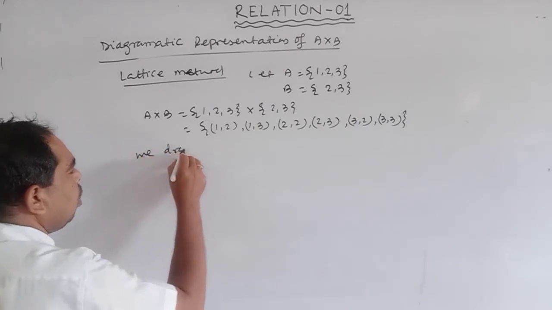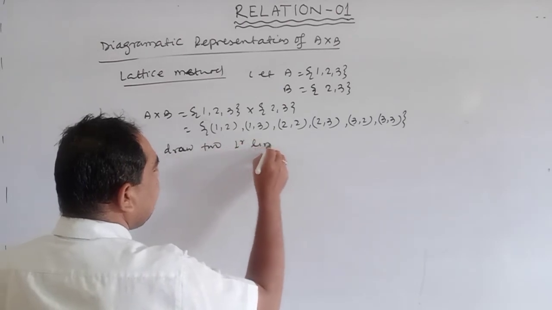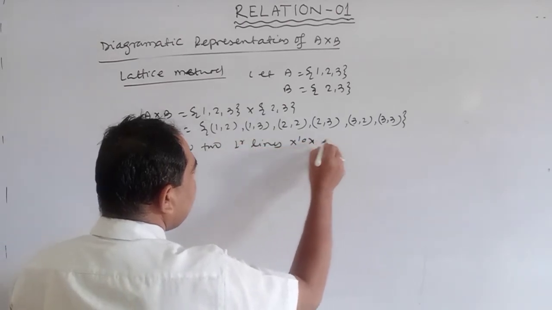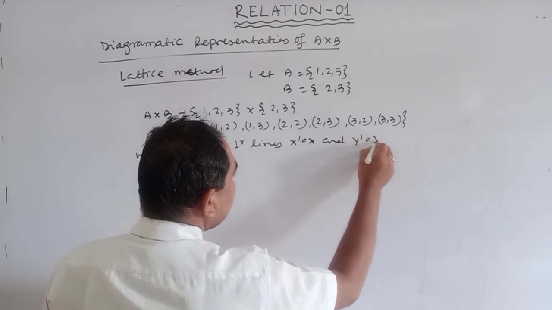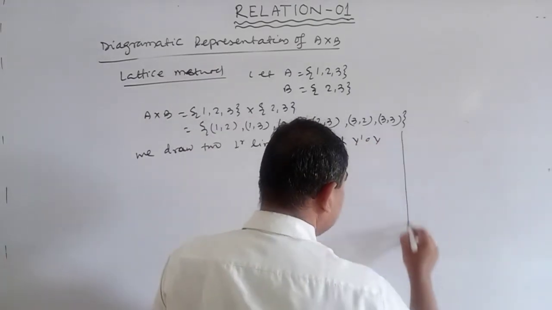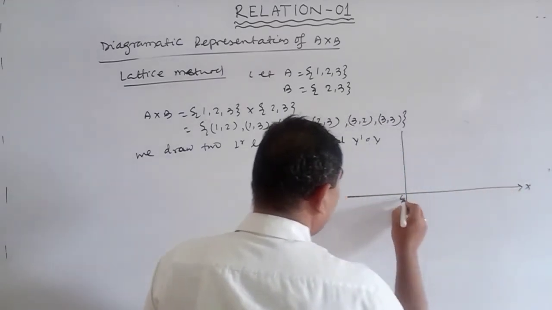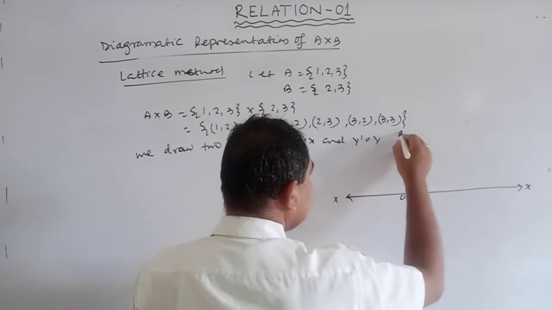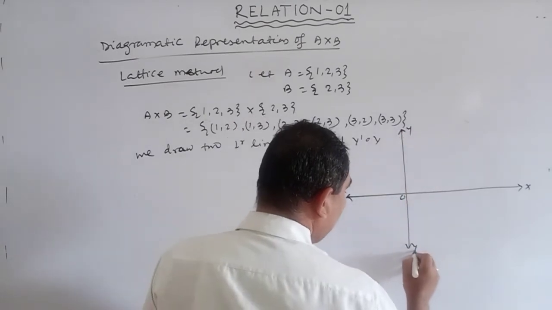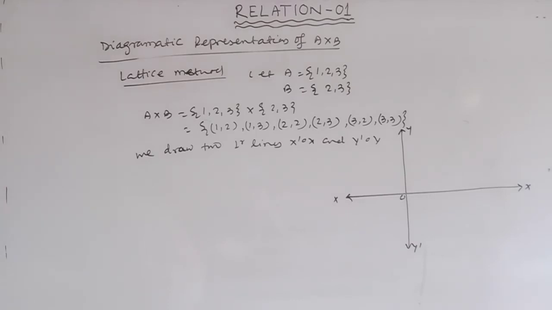We draw two perpendicular lines, X dash O X and Y dash O Y.